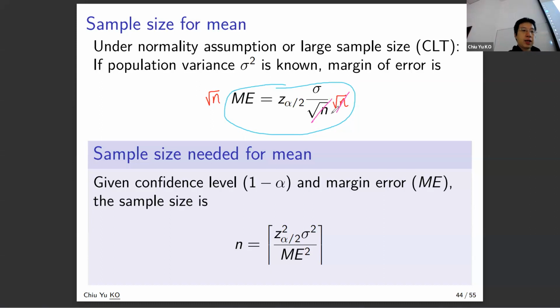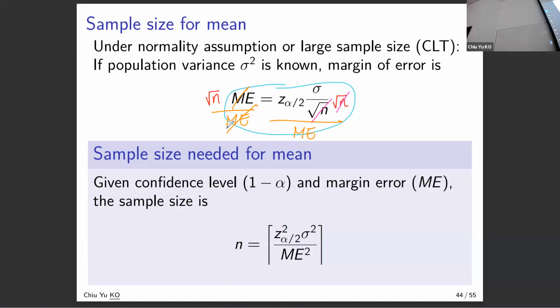Okay. And the next step is you then divide both sides by ME, right? And by high school math, this is gone. What is left is root n equal to that, okay? And using high school math again, you square both sides, right?